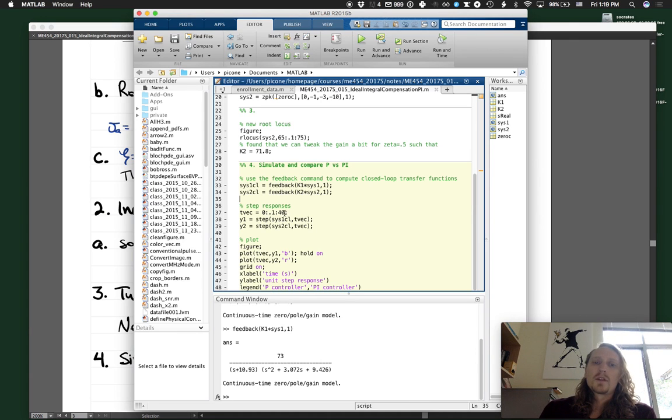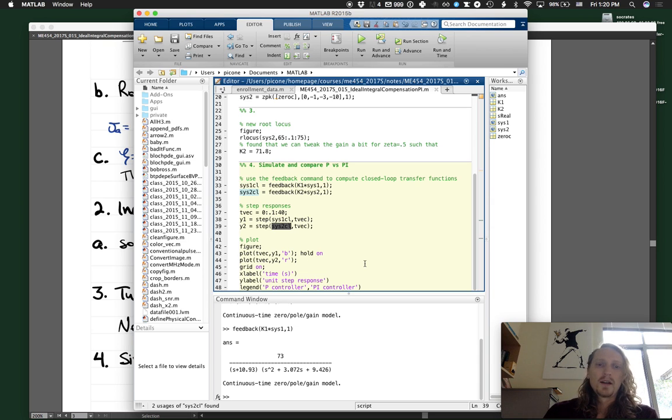Let's go from 0 to 40 seconds in increments of 0.1 second, and we're going to take the closed loop transfer function, hand it to the step function, give it the time vector that we want to compute the step response over, and what comes out is output 1, which is the output with system 1 for a step response. And for system 2, we can also compute the output for a step input.